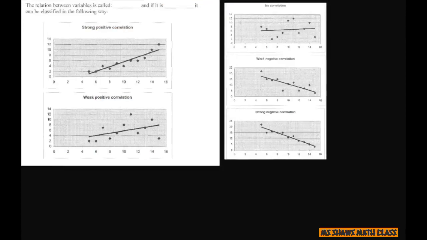All right. And finally, we have some graphs. So this is how they are represented. These are called correlations, and these are linear. All right, so strong positive, that means our R is in between 0.75 and 1.